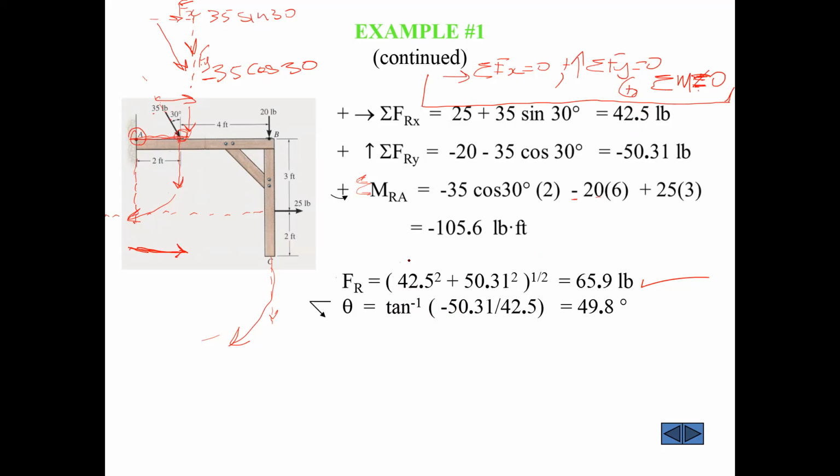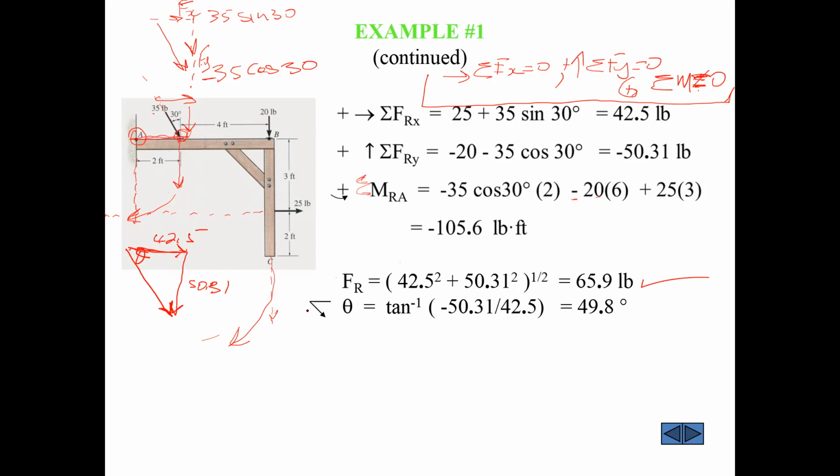And then you have a minus 50. So you know that you must be going down in the negative quadrant, so to speak. So this is the 50.31, and this is the 42.5. So that's where the force will be. That will be 65.9, and this is the angle that you need. That angle right there.